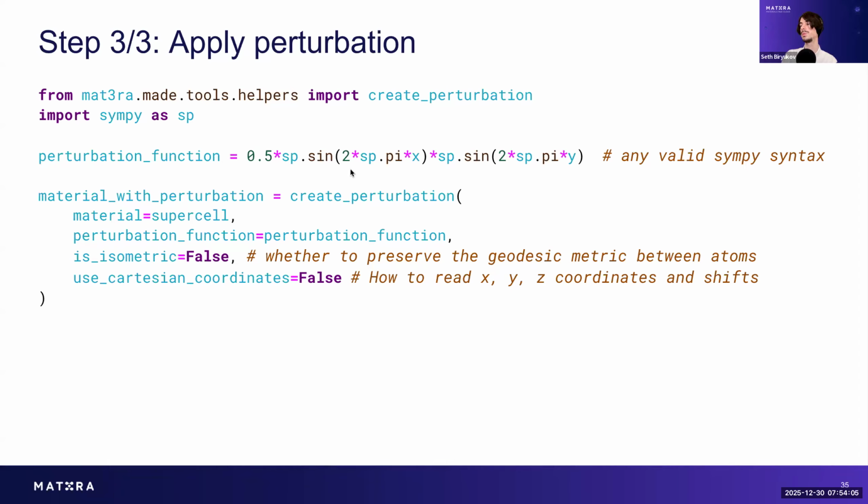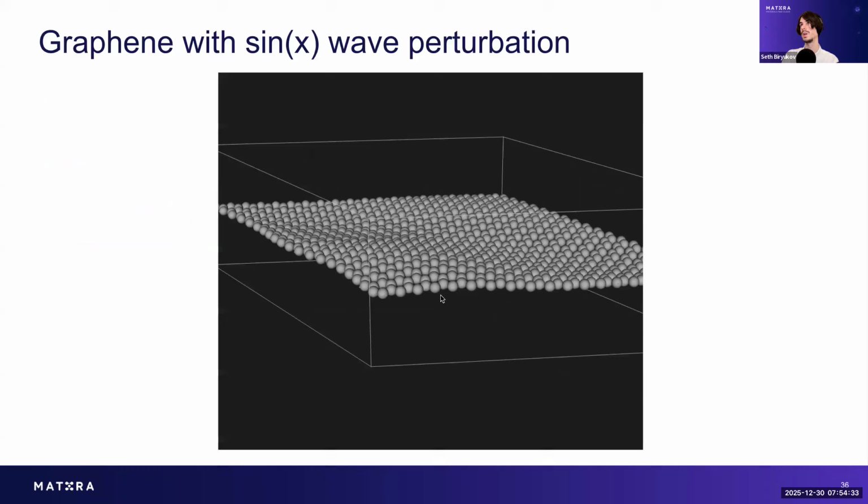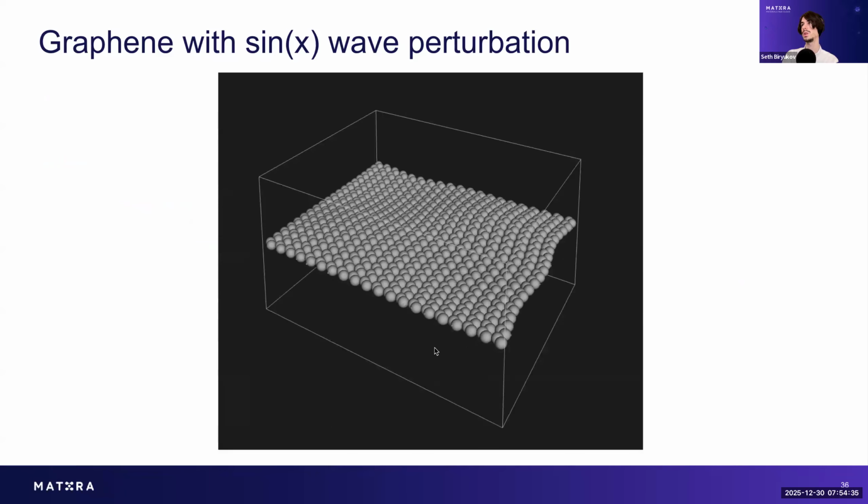If we're building for a 2D material, it's going to shrink or extend the unit cell to preserve the distances, and whether to use Cartesian coordinates or not. Since here we're using X and Y as crystal coordinates, we set it to false. Then after we apply the function, we should get the structure.